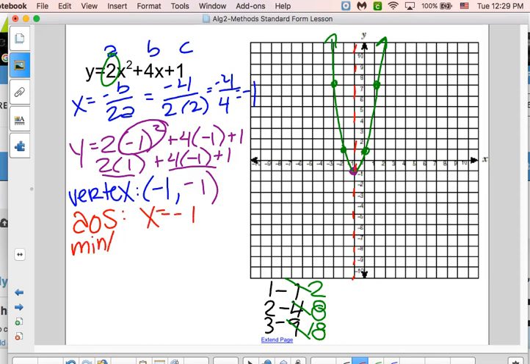Does this graph have a minimum or a maximum? Minimum, where is the minimum at? -1. Again, y equals -1. That's the bottom part of the graph. So you'll reuse the vertex numbers. Domain, you can write D for domain. Does the domain of quadratics ever change?